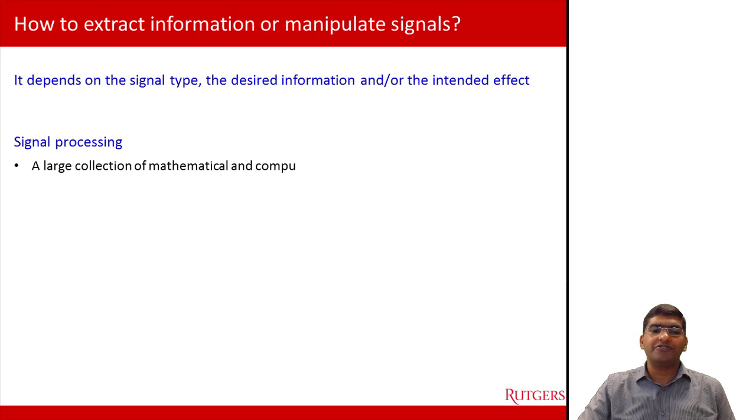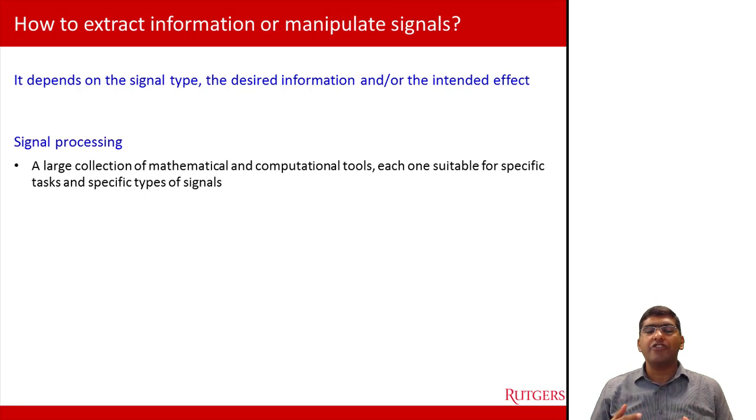Now, signal processing effectively is a large collection of mathematical and computational tools, each one of which is suitable for specific tasks and specific types of signals. And as you become experienced, you get to learn which tool should be applied in which situation.